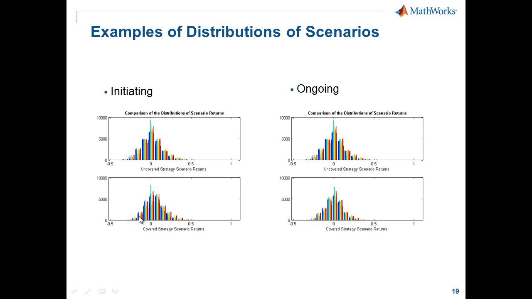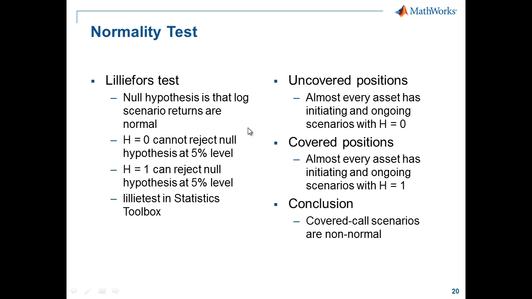In this case, though, the covered positions are definitely not normal, and we can actually see that by doing a Lilliefors test, which is in the statistics toolbox. And if you run this, and there's actually a script that is included, but we won't run it just in the interest of time.